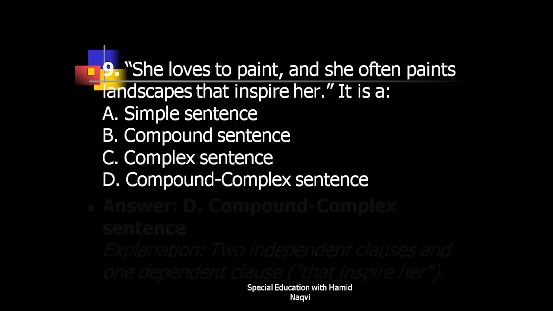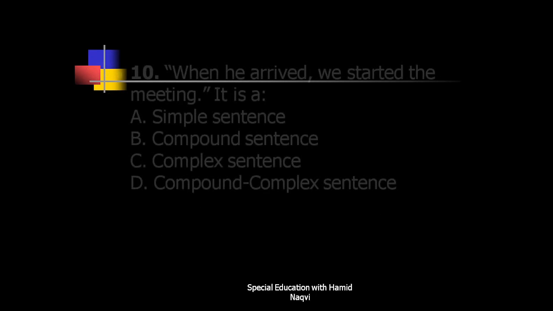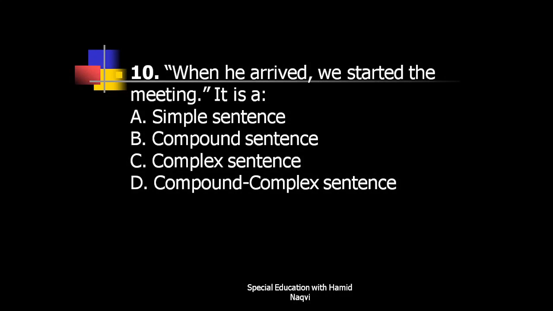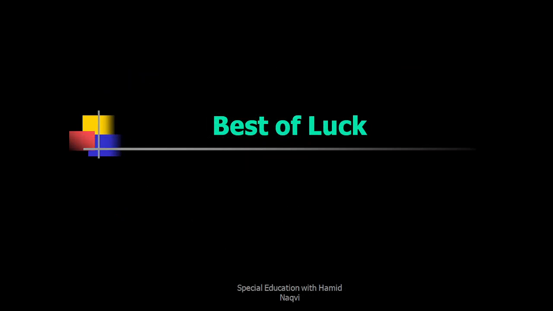Which type of sentence? Compound complex. Yes, two independent clauses and one dependent clause. When he arrived, we started the meeting. Which type? Complex sentence. One independent clause and one dependent clause.